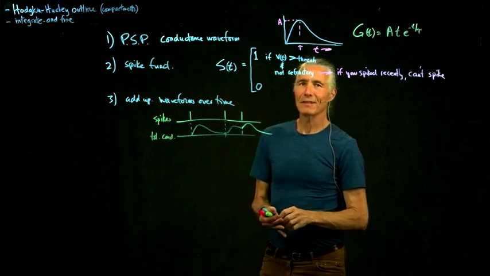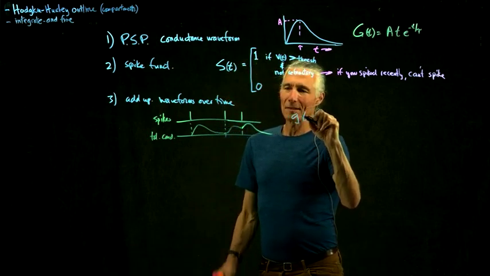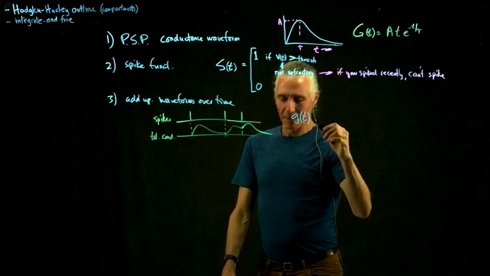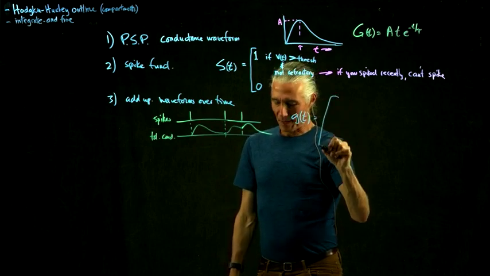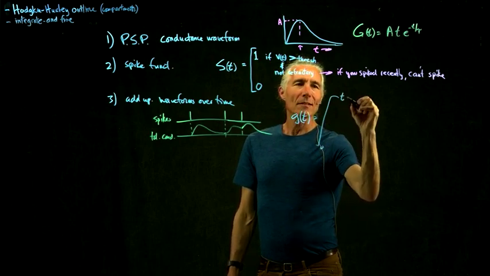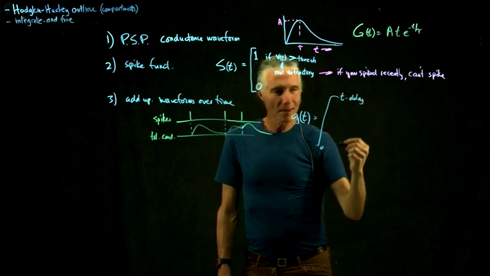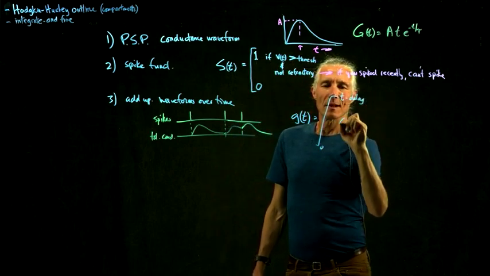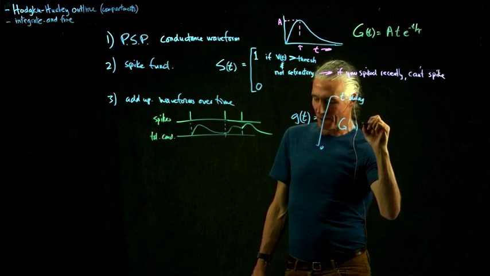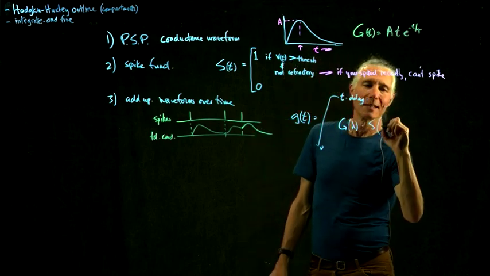And how do you do that? Well, that's a convolution. What I just drew there was a convolution. And so let me just write it out without explaining it. So we basically sum across time whatever that conductance function was times our spike function.